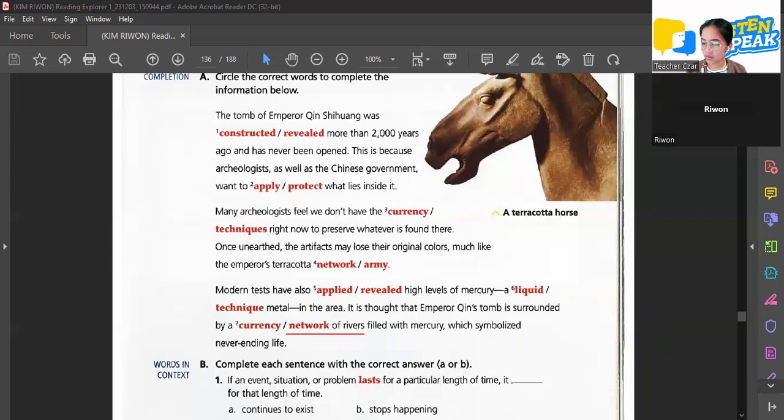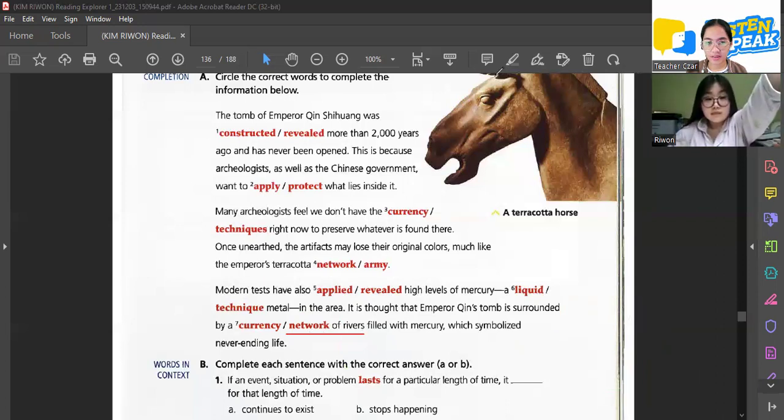I'm going to show you something on our chat box. So that one is an example of a network of rivers. It means that it has a lot of systems or different paths of river. Do you have any questions?